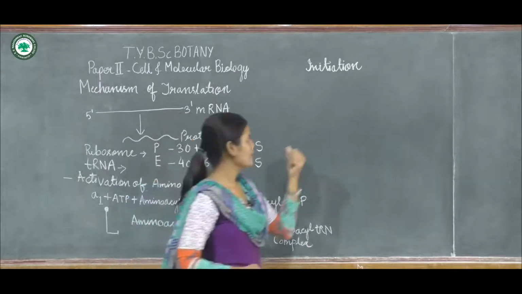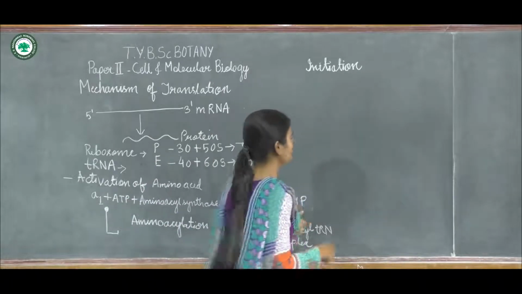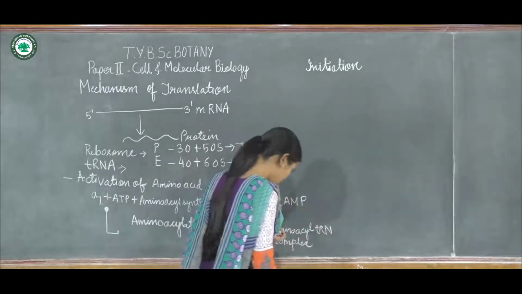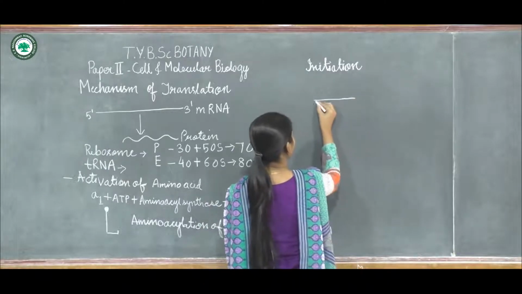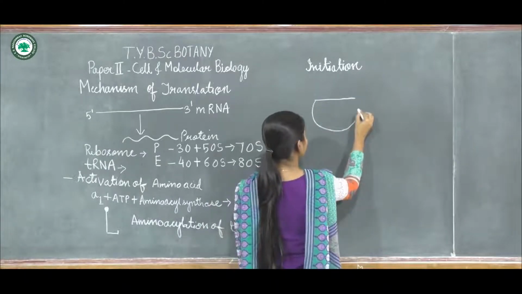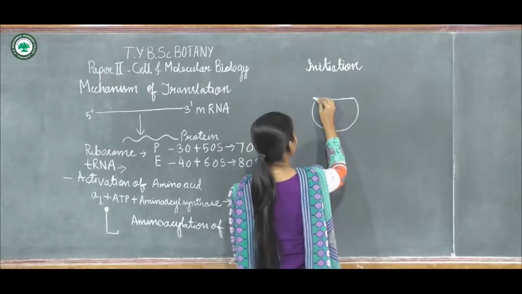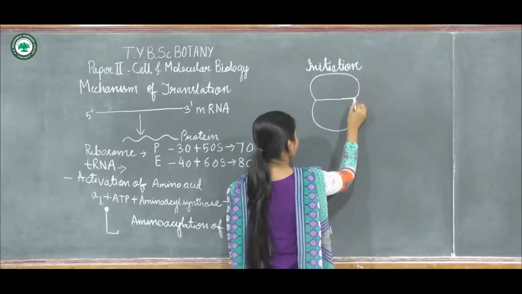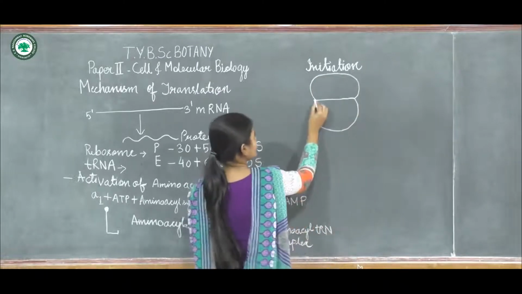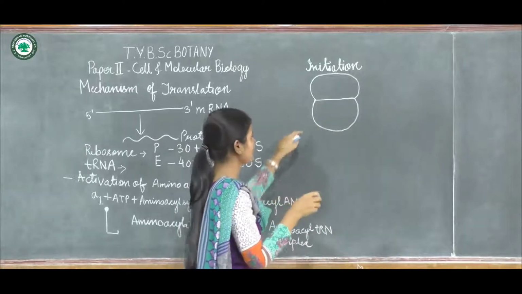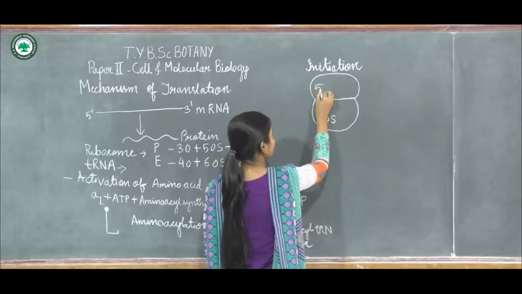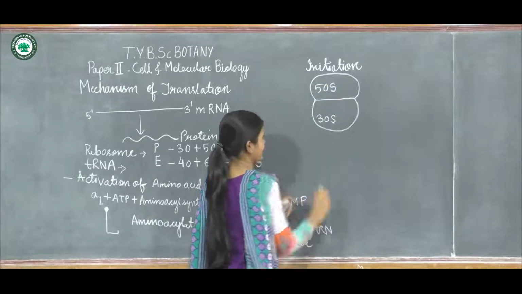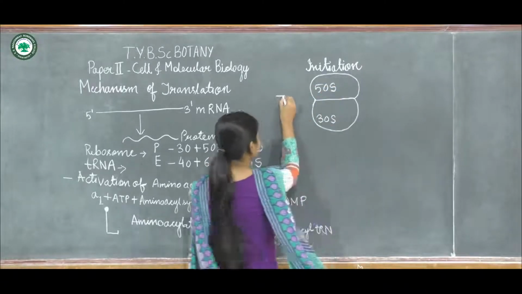What will happen? Suppose this is a ribosome. Now this will be a 30S subunit and this one is the 50S subunit. Now this makes a 70S complex.